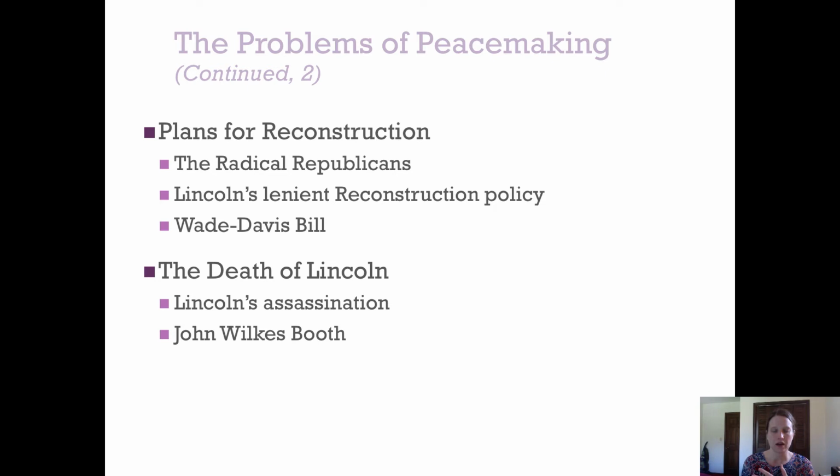The governor then could summon a state constitutional convention so they could recraft their state constitutions. And then the delegates from that state would be selected, and swear an oath that they never bore arms against the Union.